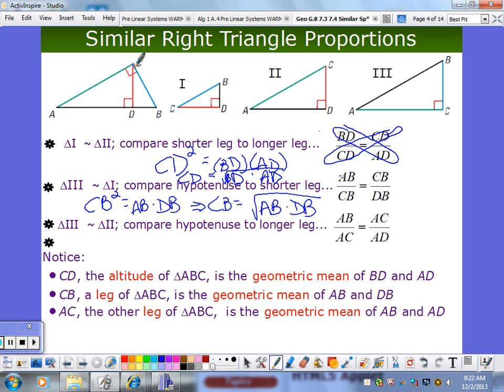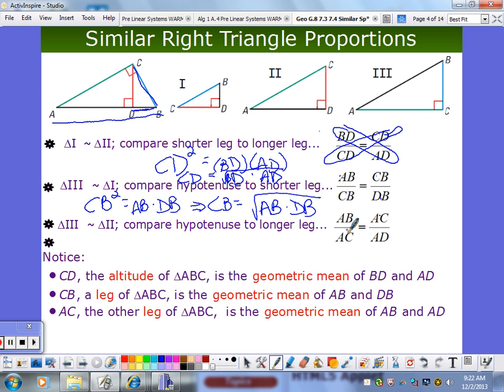So let's look at it again. This side right here is the geometric mean of this little piece kind of right adjacent to it and that whole side. What else do we know? The other leg, AC, is the geometric mean of AB, again, that whole thing, and AD, the piece of it closest to AC.